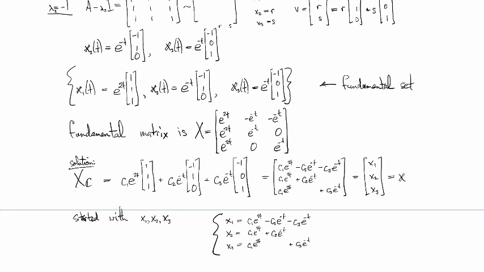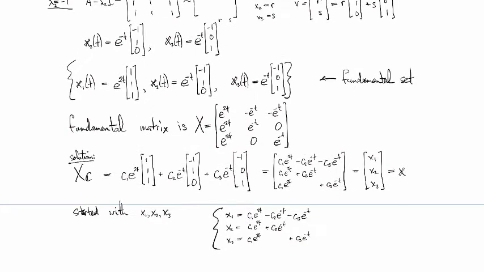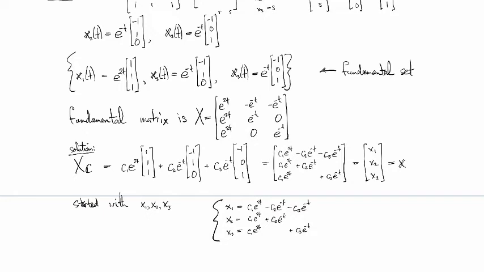And one last thing is that we talked often about how you can take an eigenvector, and say we had one of these eigenvectors, minus 1, 1, 0, you could just as easily have taken 1, minus 1, 0, or something like that, because you can change your arbitrary constants.